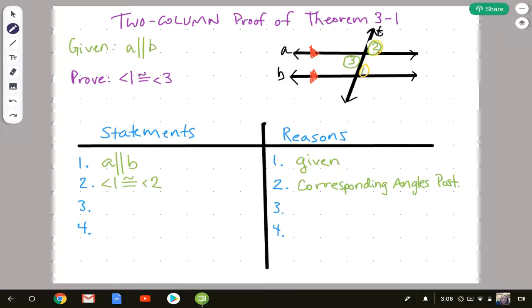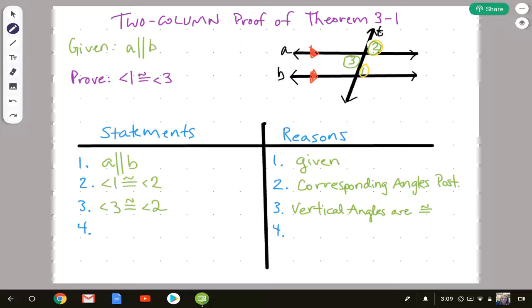We've talked about those before, and we know that vertical angles are congruent. So I could say angle 3 is congruent to angle 2 because vertical angles are congruent. If you ever don't know the name of a theorem or a postulate, but you know what it says, you can just write it down like I did right there.